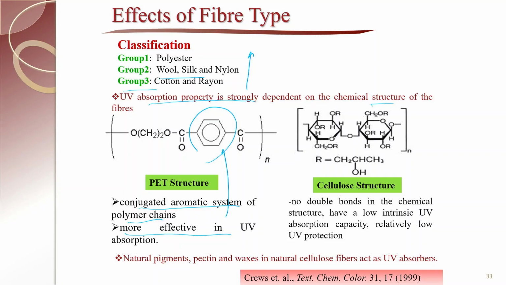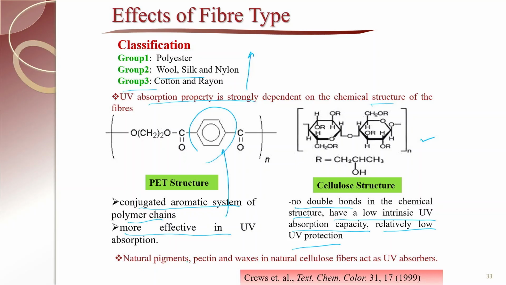For cotton or cellulosic fiber, no double bond is there in the chemical structure, so it has a low intrinsic UV absorption capacity and relatively lower UV protection.